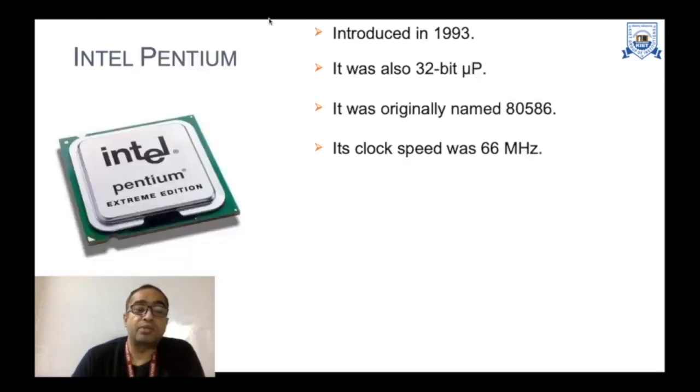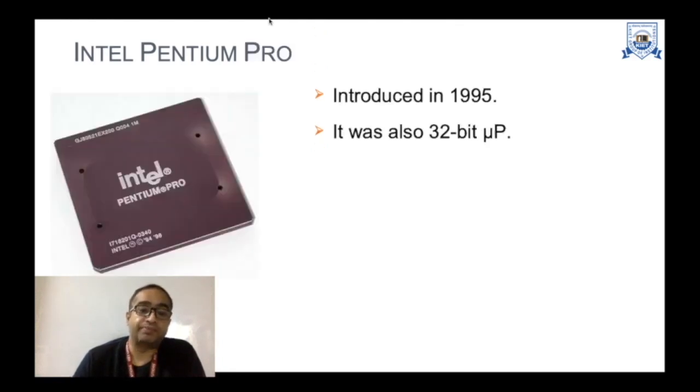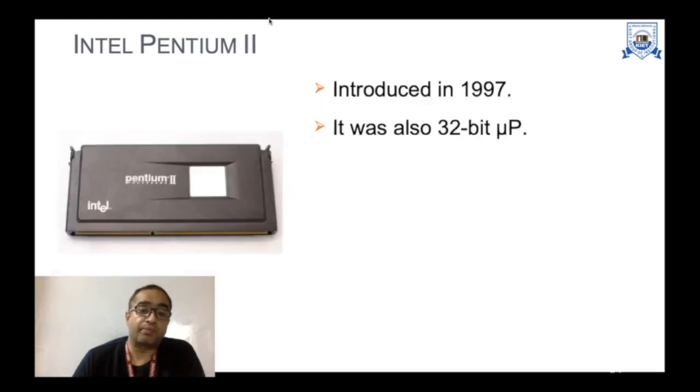Then it introduced its new family of microprocessors, named Intel Pentium, in 1993. Again, it was a 32-bit microprocessor, originally named the 80586, with a 66 megahertz clock speed. Then in 95, it introduced the Pentium Pro, again a 32-bit microprocessor. Then in 1997, the Intel Pentium 2 was introduced.